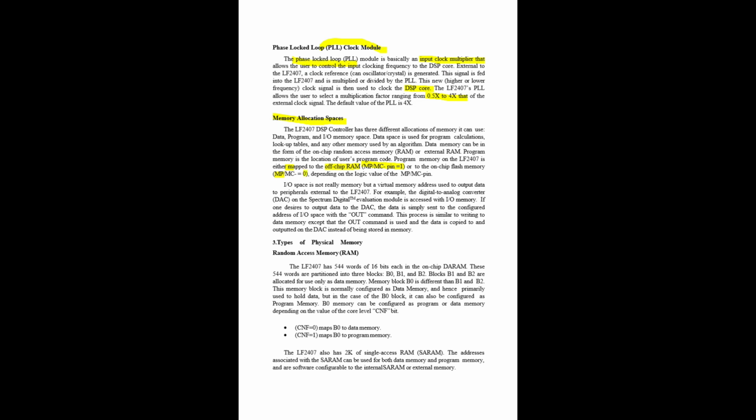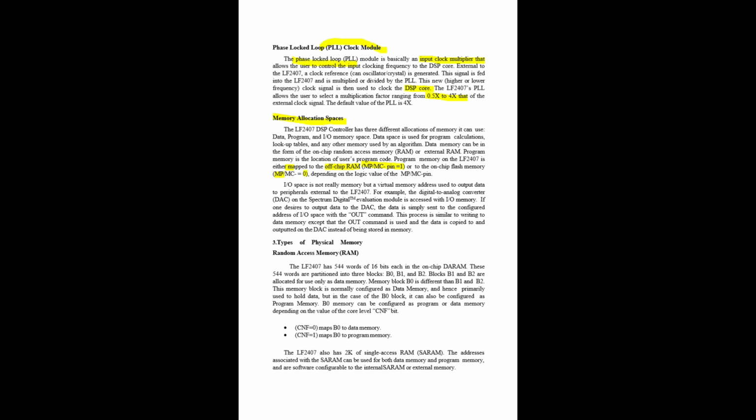That means I am going to use the memory as internal memory. It's not off-chip memory, it is on-chip memory. If I select the MP/MC bar pin as 1, that means I am going to use it as microprocessor mode. Microprocessor mode doesn't have any internal memory. So the internal memory content can be used as external memory. So on-chip or off-chip can be mentioned with the memory allocation space bit called the MP bar MC pin.